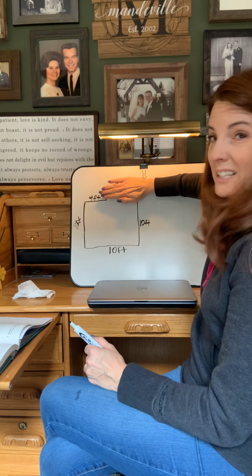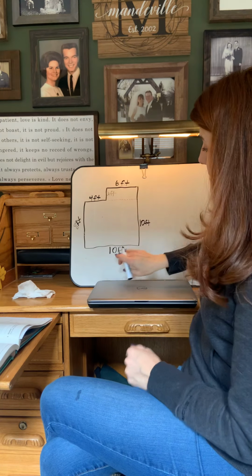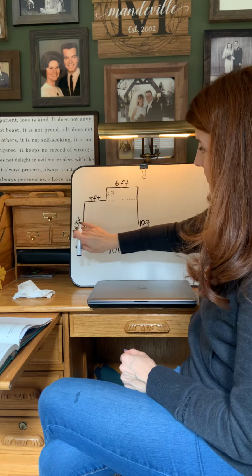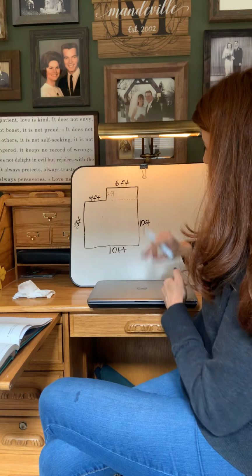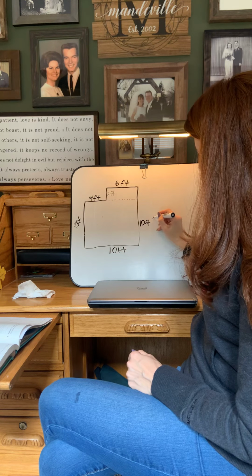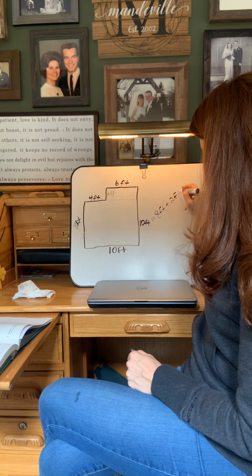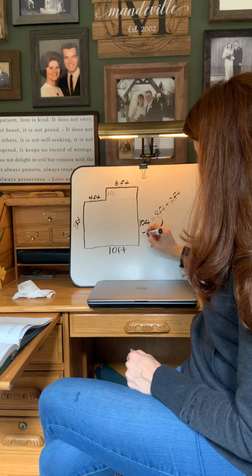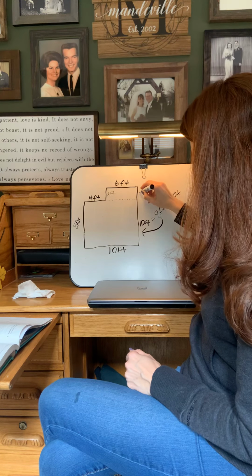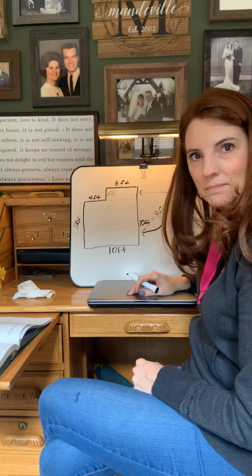So I've got to be really careful. I'm going to look at these two, because if I take that away, this 10 is 8 feet plus 2 feet, right? The 8 feet is here, the 2 feet is here.